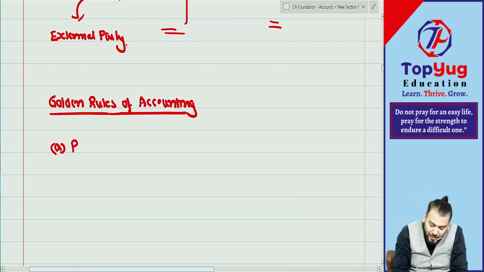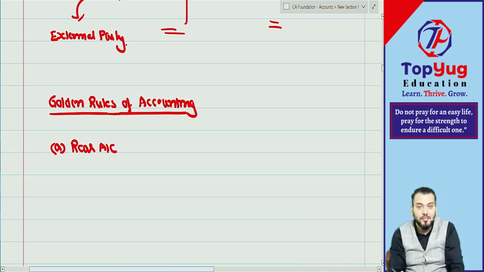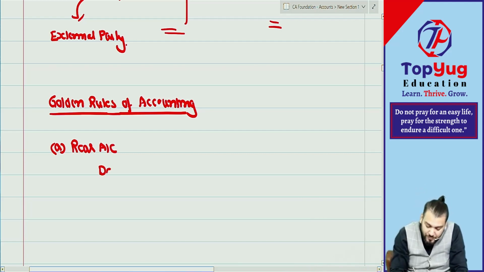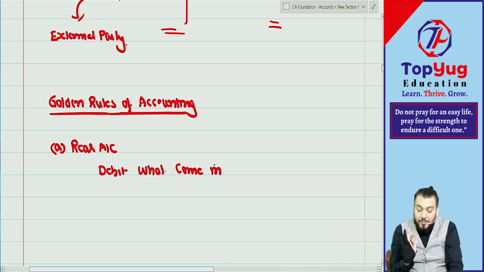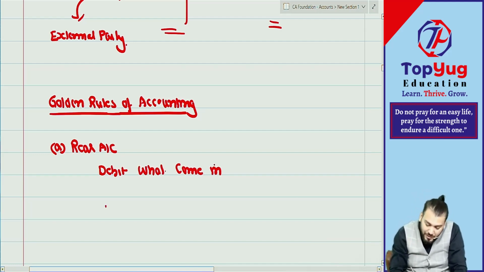So it can be a real account. Now you know what a real account is. So what is the rule? You only say. Debit what comes in, you said. Correct. Credit what goes out. Very good.